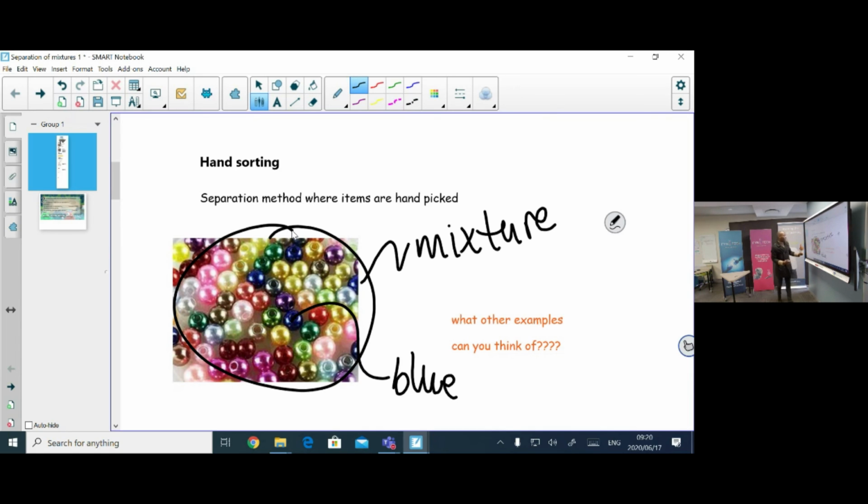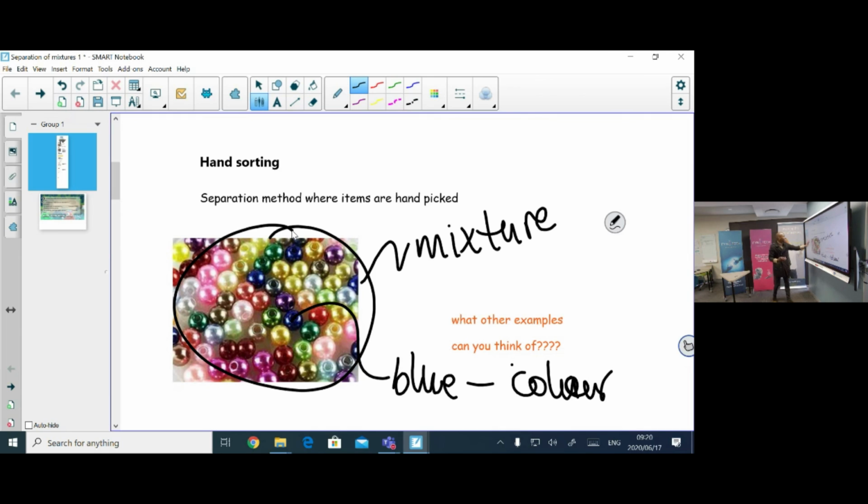And this is one way in which a mixture can be separated into its components. I'm saying your mixture can be separated by hand sorting by virtue of its properties, right? You'd be looking at, am I looking to separate these because of color, or because of size, if they have varying size, or because of shape, maybe they have varying shape.